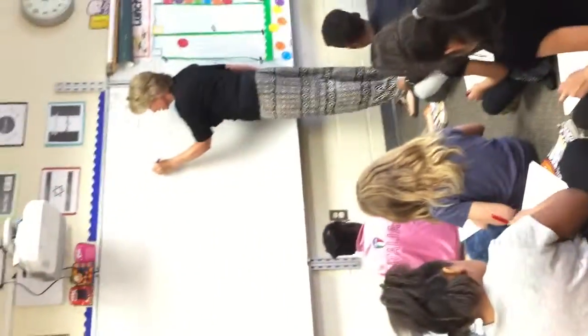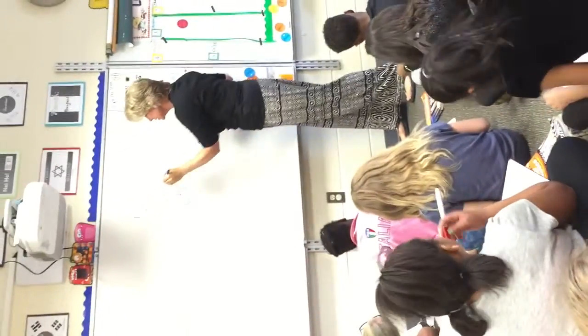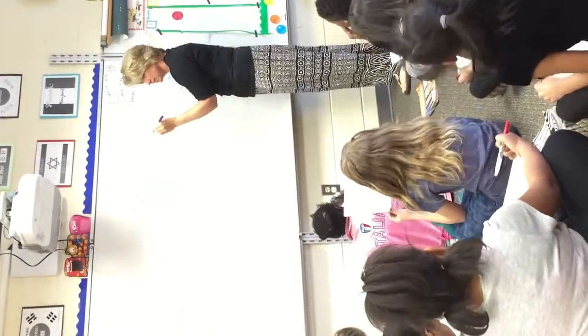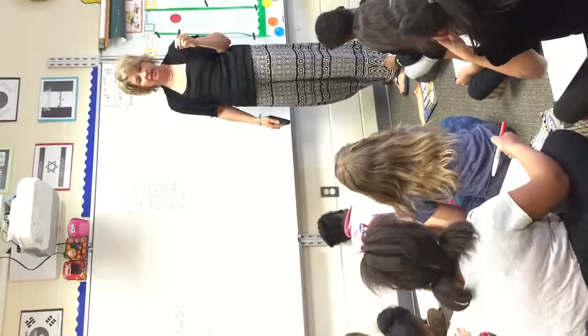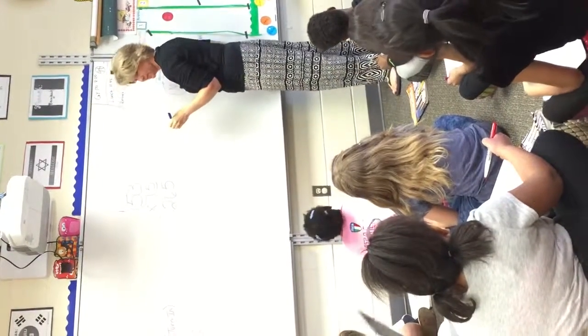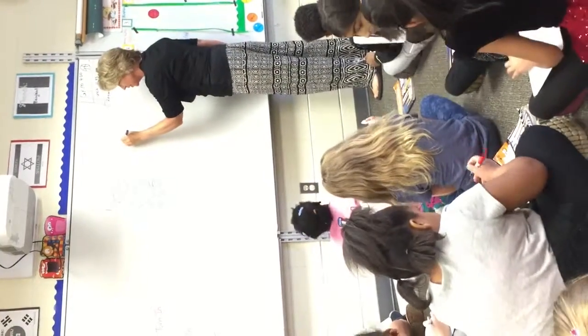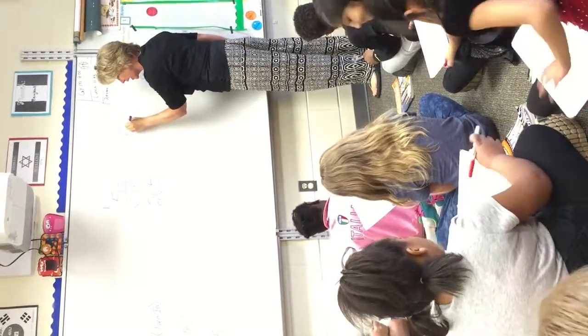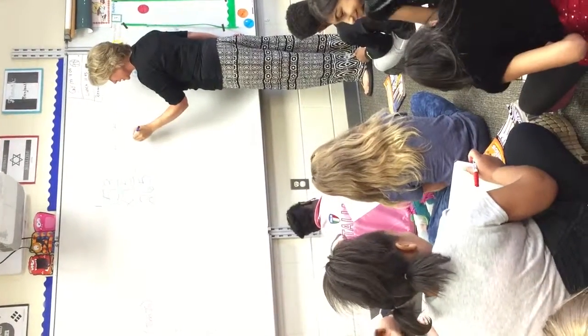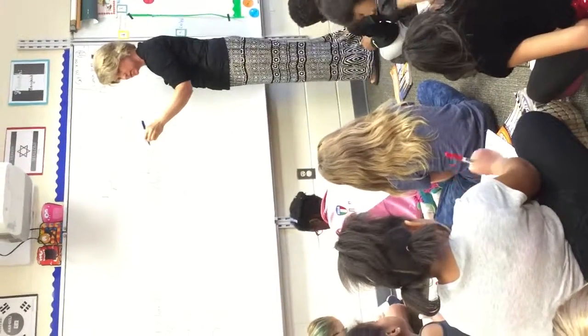Ready? All right, if I do the butterfly method, then I have 5 times 5 is? No, 50. Why is it 50, Zoe? Because the 5 is in the tens place. So 50 times 5, right? And then what's my next one?